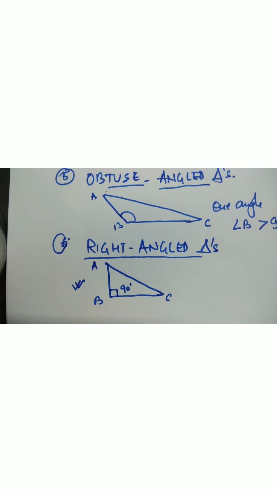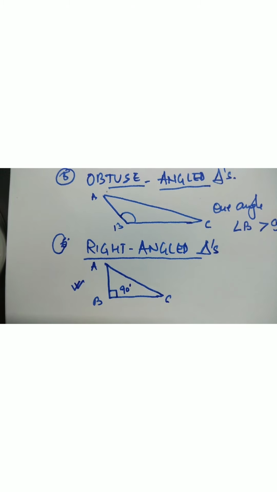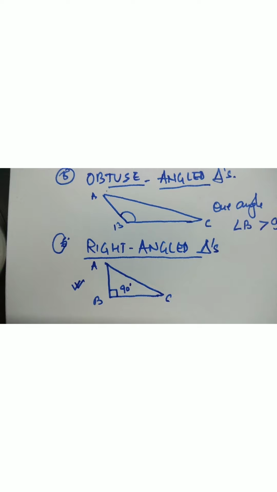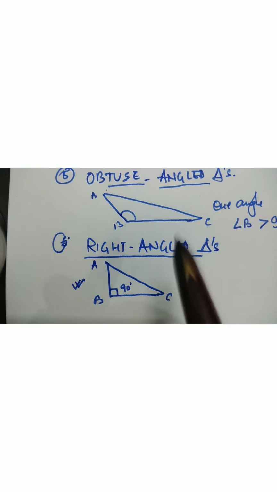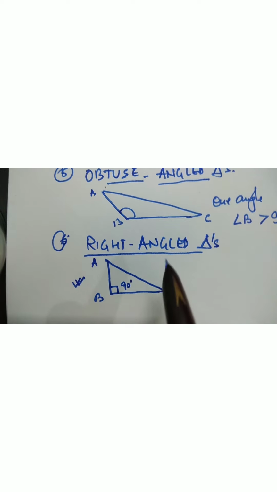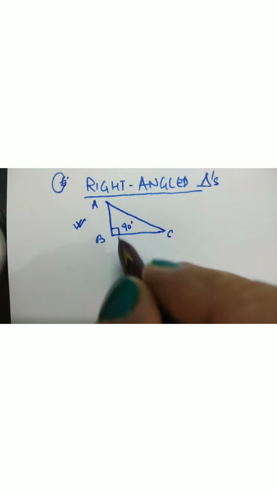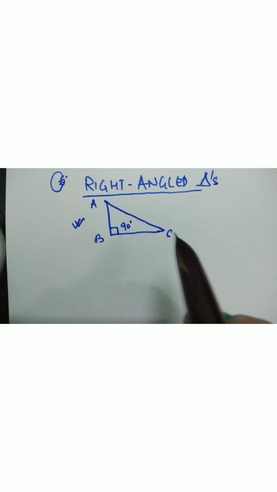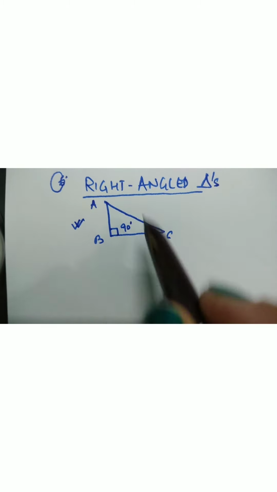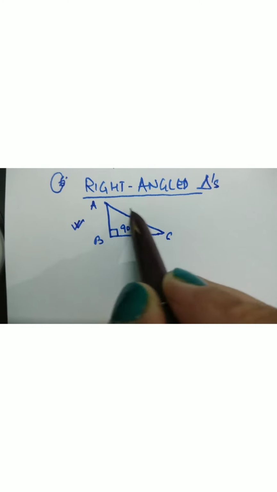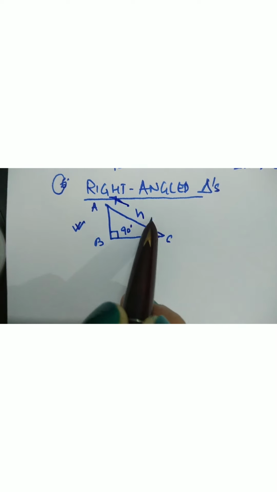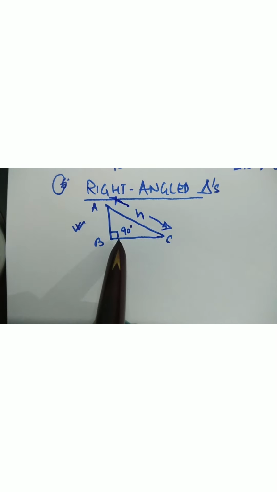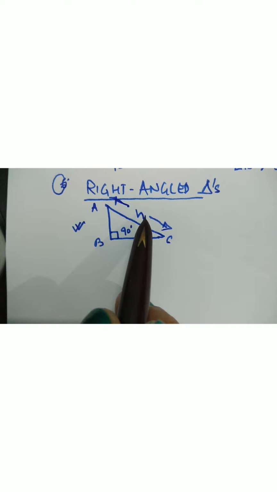So better you should know the properties of a right angle triangle before we start our studies on trigonometry. And I hope you all remember, in a right angled triangle, this is the hypotenuse. The side opposite to the 90 degree angle is called the hypotenuse.